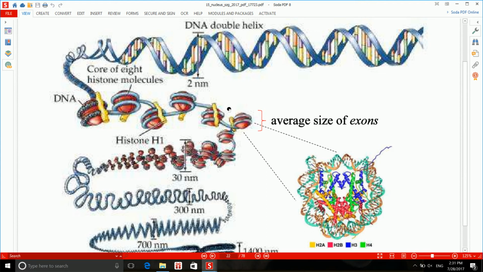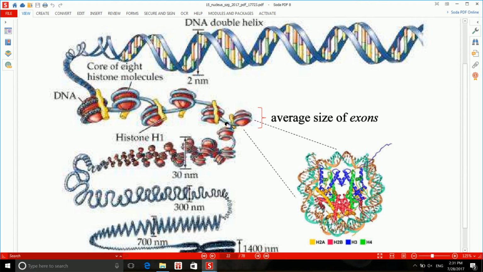The average size of these structures, histones plus DNA, is 11 nanometers. And these 11 nanometer structures, whose diameter is not shown in this slide, are called solenoids. So, 11 nanometer solenoid. That's also important. It was in an exam.